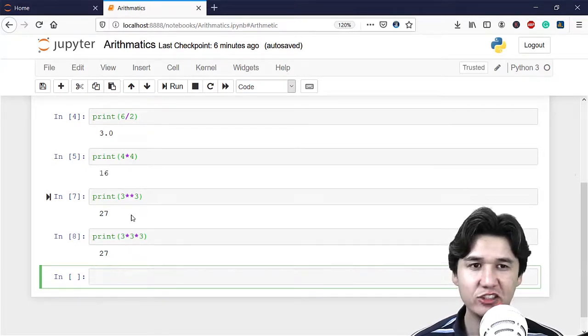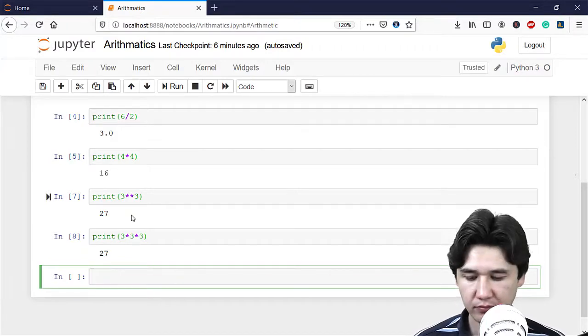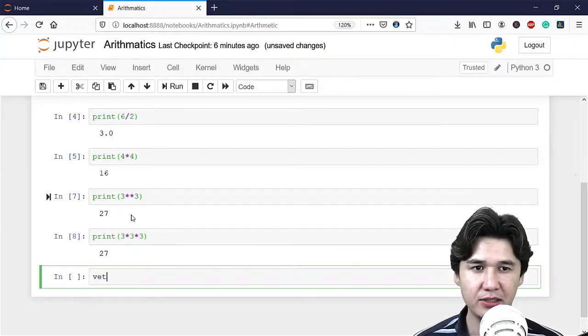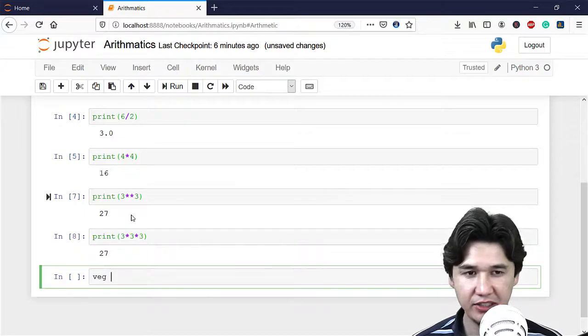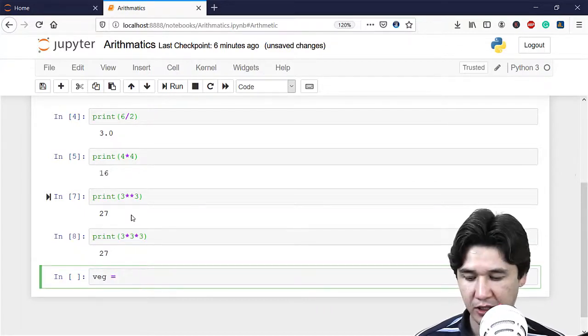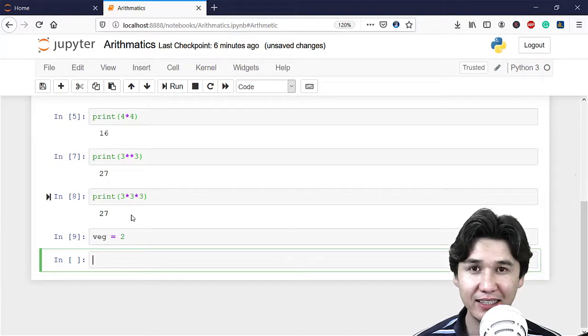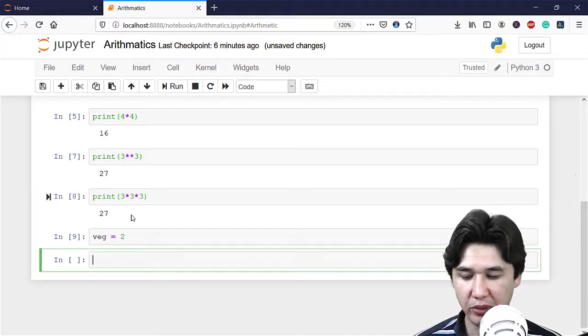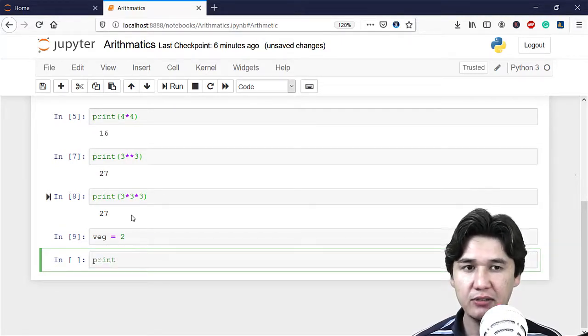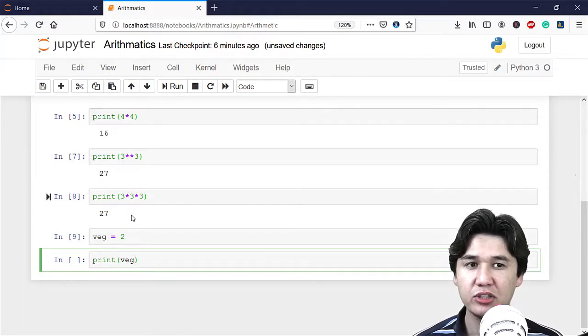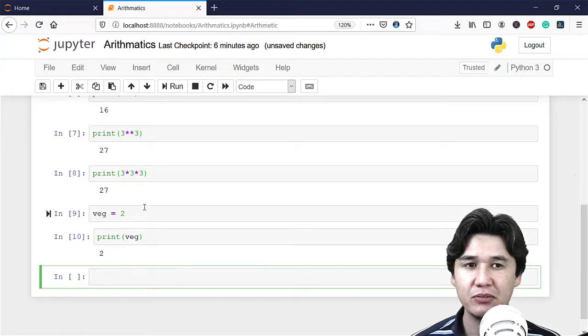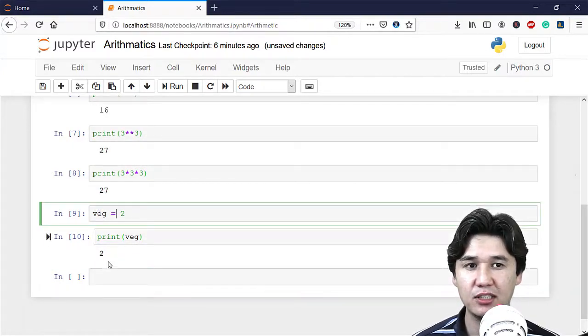Now for example, we have vegetables. I will write veg, which is equal to 2, I have 2 kg of vegetables. Then I have assigned a variable, and if I am going to call the variable, we just write it without the quotation marks, and when I print that one, you will get that veg is equal to 2.